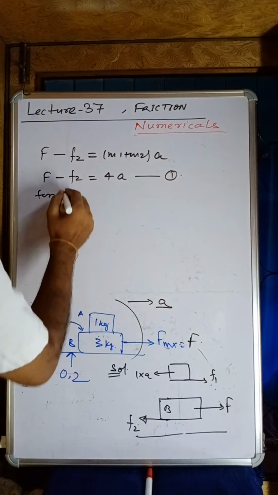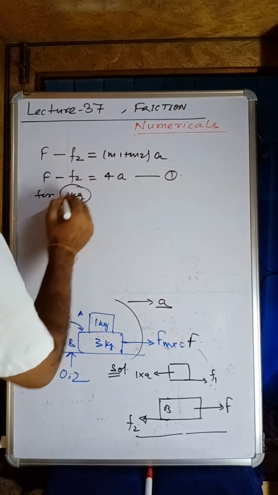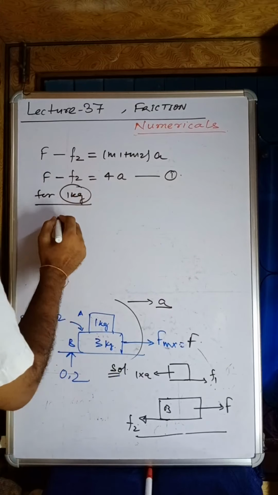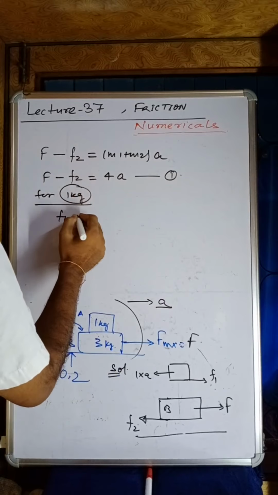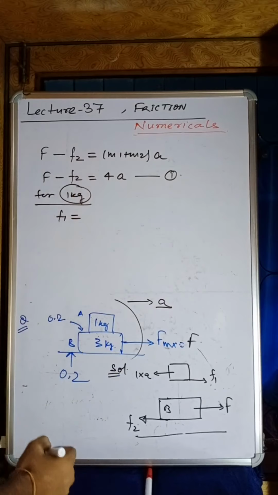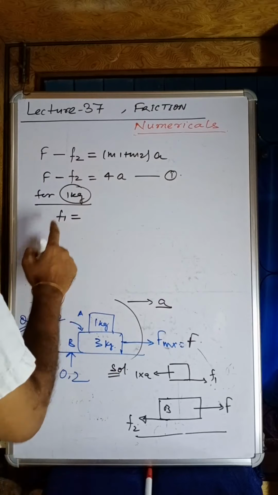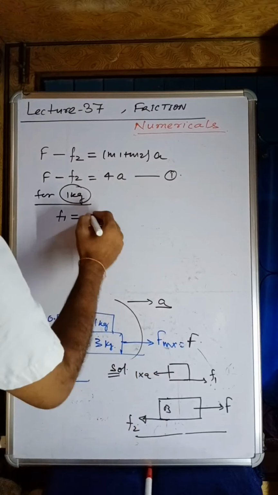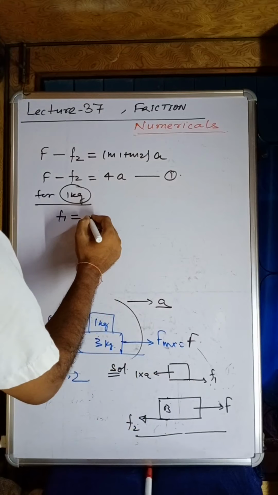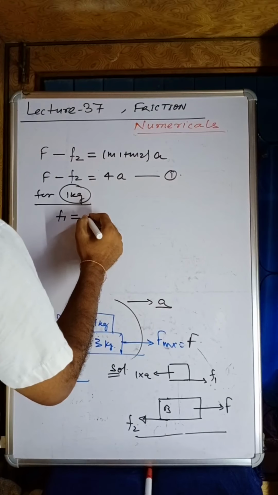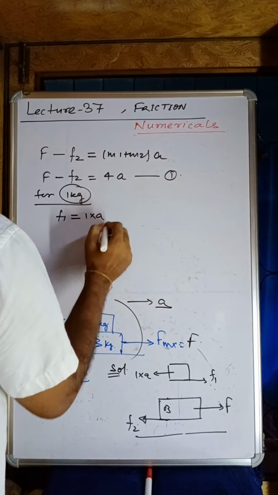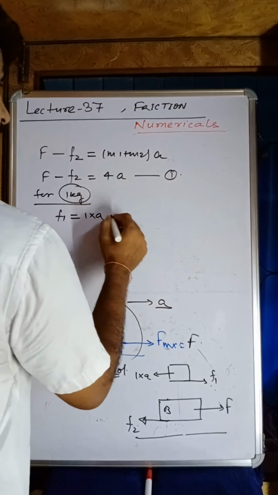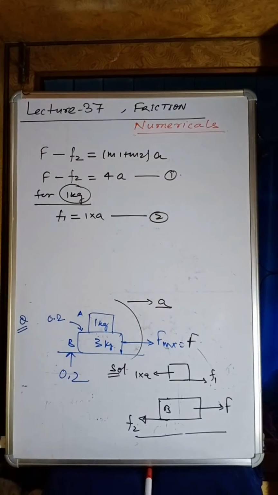For 1 kg, we can write, my dear students, F1 is equal to m times A, that is 1 into A. Now this is equation 2.